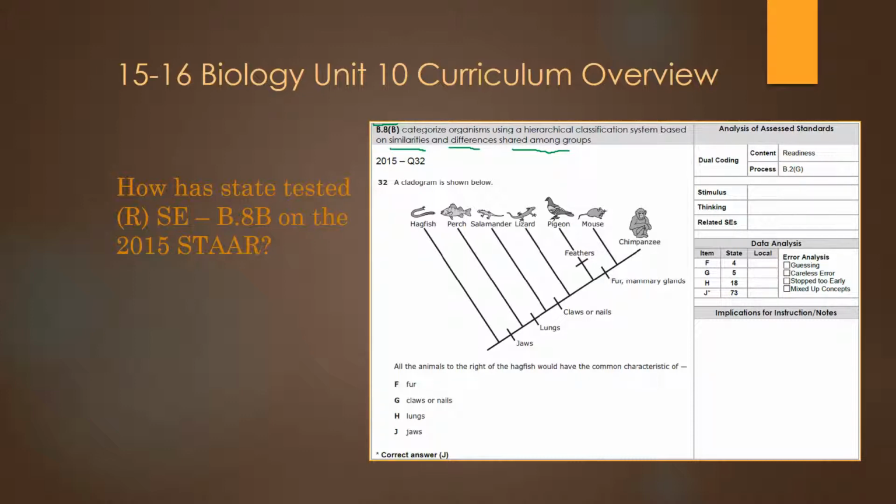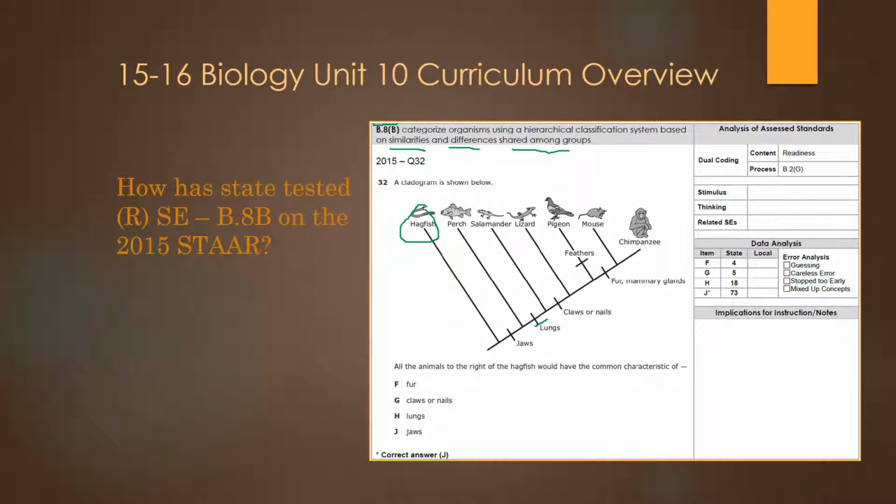All the animals to the right of the hagfish, locate the hagfish, would have the common characteristic of, and so they have to understand that everything before the animal, it has. So this perch, every characteristic before the perch, that perch has. Every characteristic before the salamander, it has.